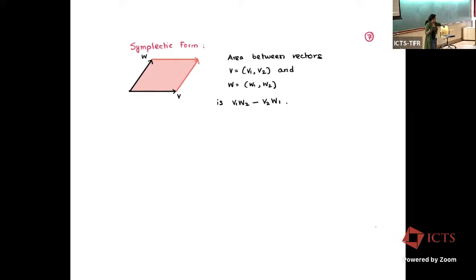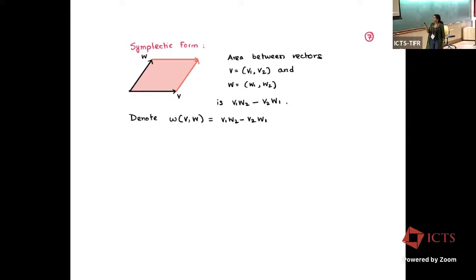Correct? We'll denote it with my favorite letter, small omega. So omega of V, W is this number, the area between V and W. And remember, it's from V to W. This is like a cross product.